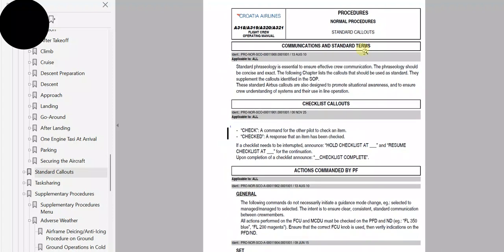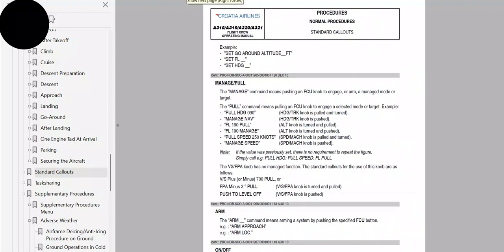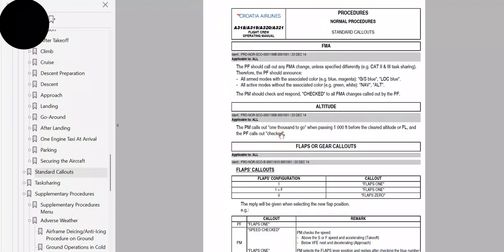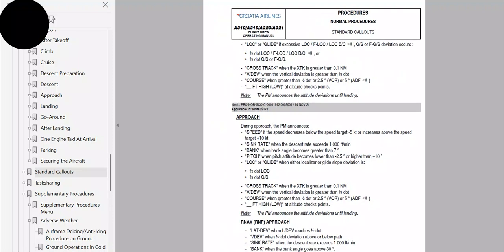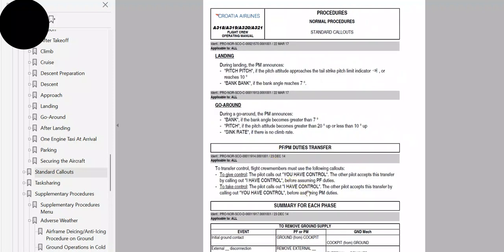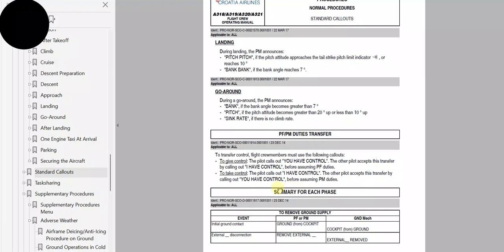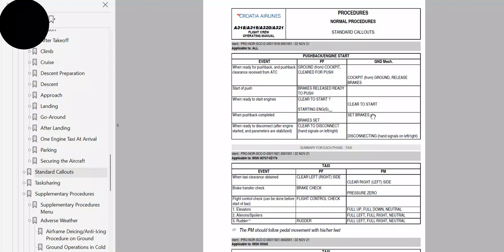So this is really important. At the beginning you can see some general terms on how to do it, but if you go further on, you can see a summary for each phase: how to communicate between pilot flying or pilot monitoring with a ground mechanic, with the ATC, or with each other.